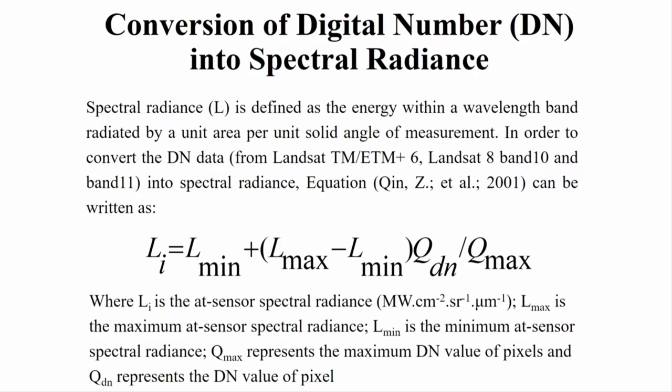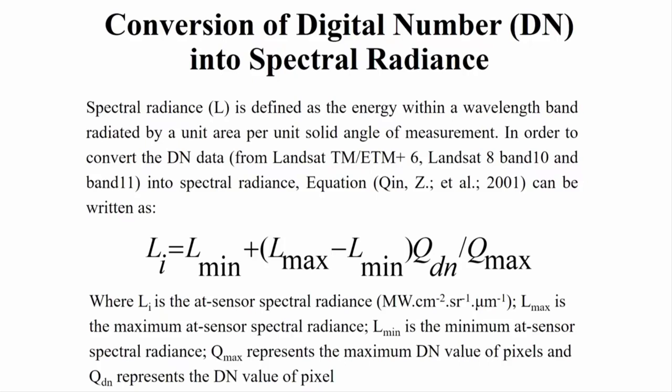Lλ equals Lmin plus (Lmax minus Lmin) multiplied by QDN divided by Qmax, where Lλ is the at-sensor spectral radiance, or we can say the spectral radiance which is sensed by the sensor, and Lmax is the maximum at-sensor spectral radiance value, and Lmin is the minimum at-sensor spectral radiance value. Qmax is the maximum DN value. This depends on the radiometric property of the data set, and QDN represents the DN value associated with the particular pixel for which we are working.